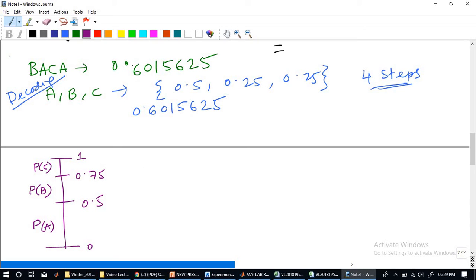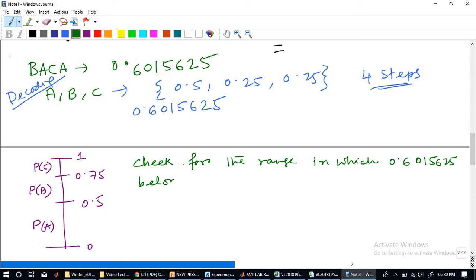Now you have to check, just write down this one because this is the idea: check for the range in which 0.6015625 belongs.